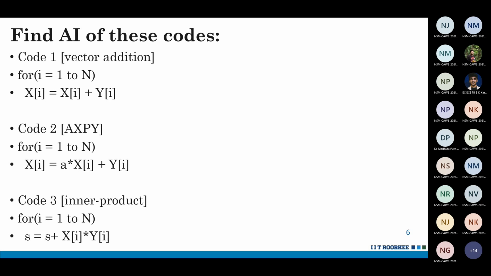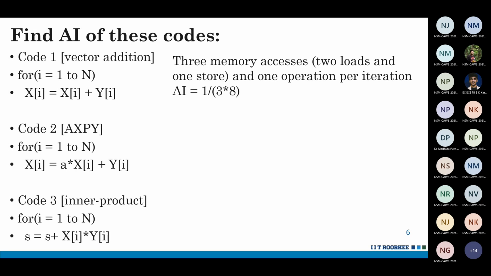Although x of i is repeated, we have to do two memory accesses, one for reading x of i and one for writing x of i, so we have to count it twice. So 16 bytes we are fetching and 8 bytes we are storing, so a total of 24 bytes of memory access. The total computation is only the addition, so one computation per 24 bytes.